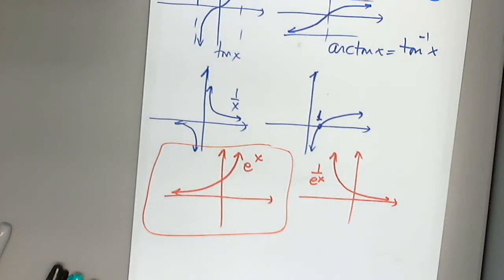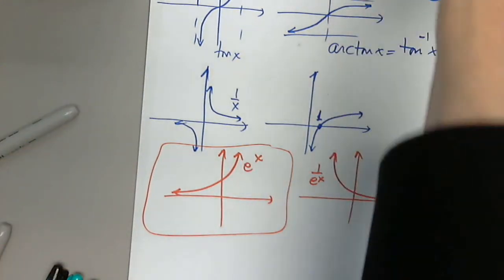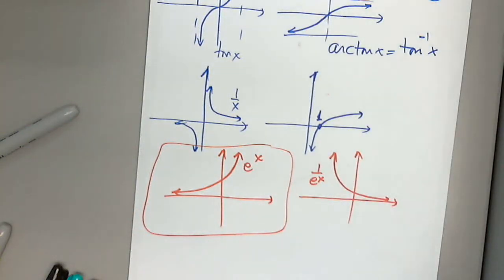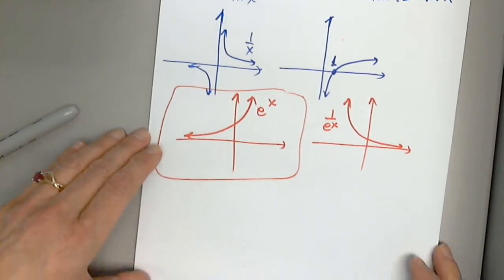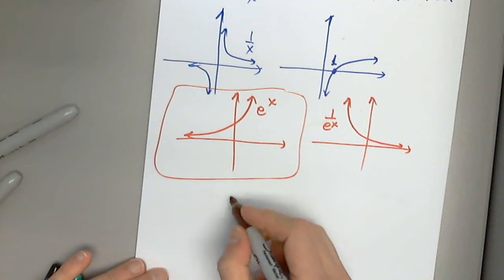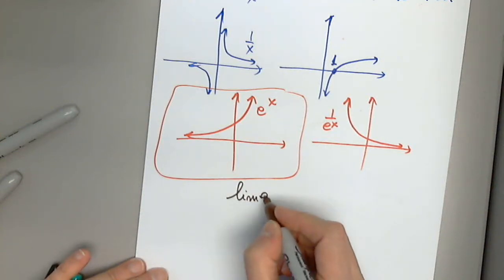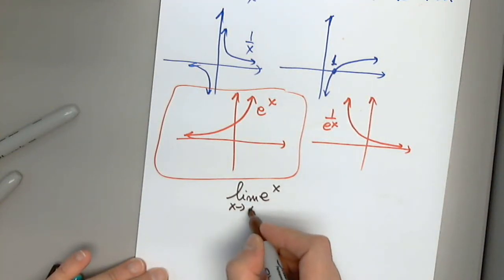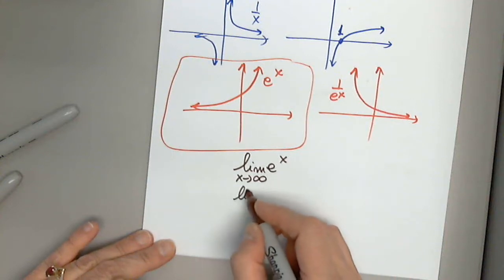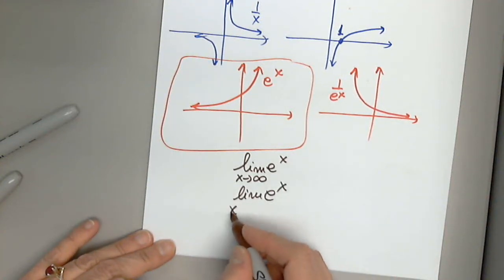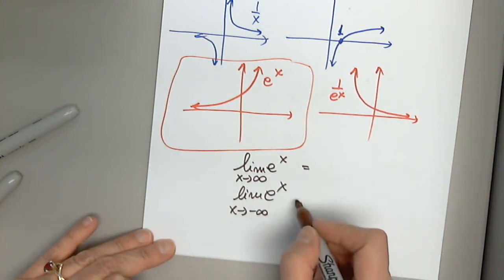And I want 2 limits on this function. Because now we know all sorts of limits. Can anyone give us the limit of e to the x as x approaches infinity, and limit of e to the x as x approaches -infinity?